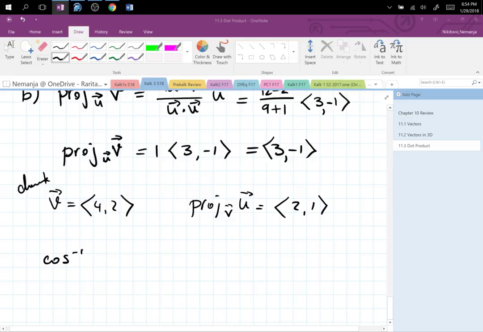So you can find the inverse cosine of, let's call this v dot projection of u onto v, right? That's a vector. Divided by the magnitude of v times the magnitude of the projection.